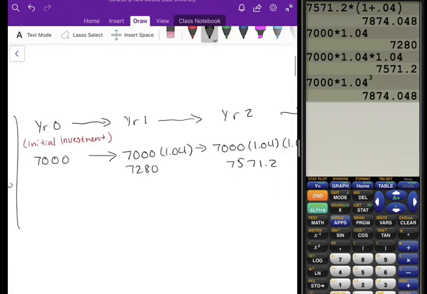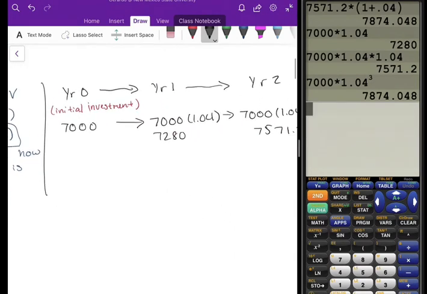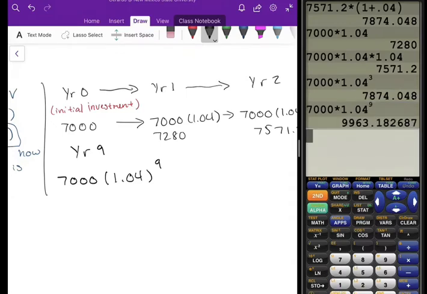So guess what we're going to be doing to get the 9 years? To obtain year 9, we're going to do 7,000 times 1.04 to the power of 9, because 9 years. So I have 7,000 times 1.04 to the power of 9.